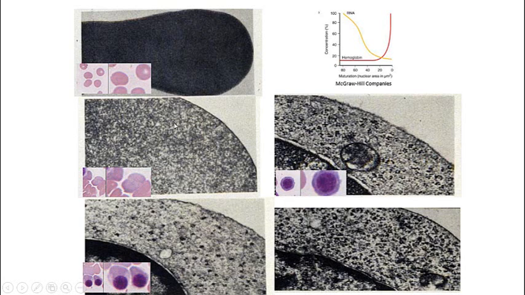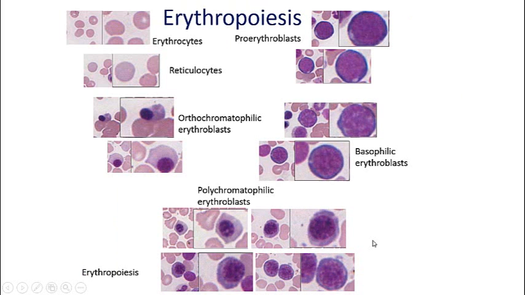You've got more hemoglobin here, and more machinery or ribosomes in the basophilic and the pro-normoblasts.